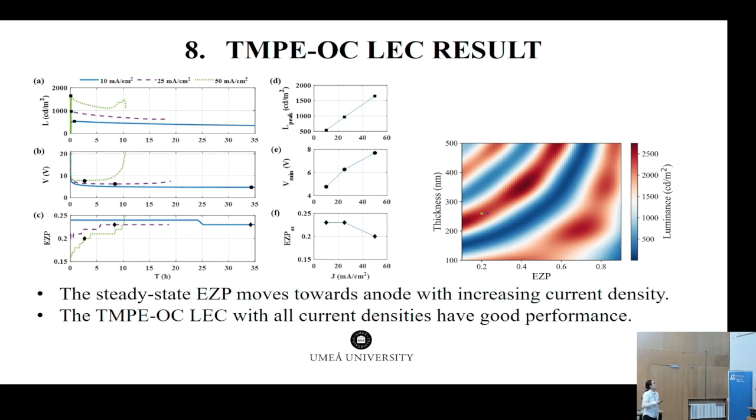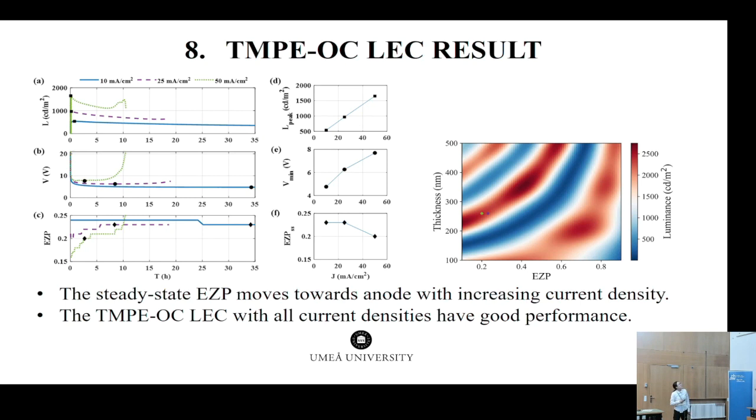Now I move to the other type of LEC, the TMPE-OC LEC result. I plotted the same physical parameters. A, B, C are the transient luminance, voltage, and emission zone position. And D, E are the peak luminance and minimal voltage. They are similar results. The steady state emission zone position also moves towards the anode with increasing current density.